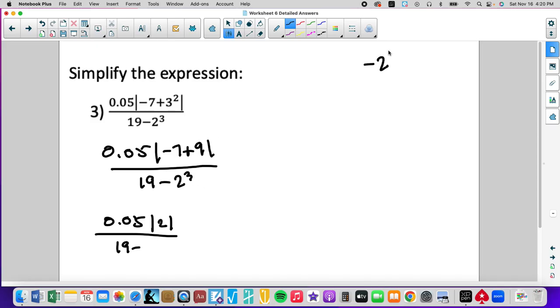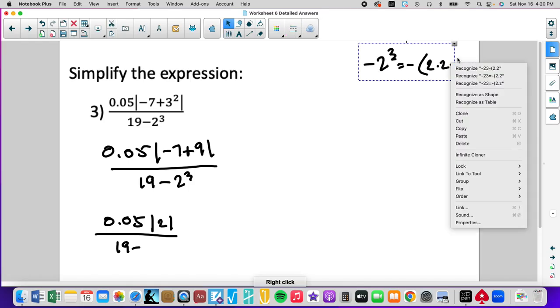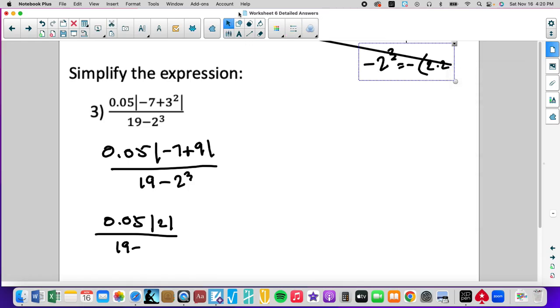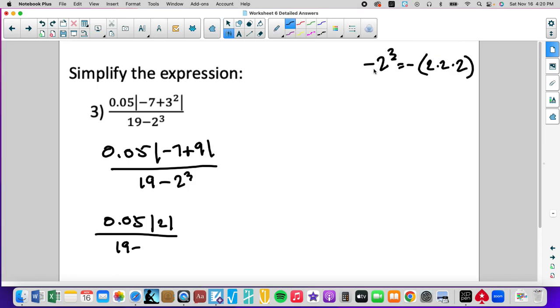So it is very important to see that this is the opposite of 2 to the third. No parentheses there, so we do not include the negative in the base. It's the opposite of 2 to the third, which is negative 8.